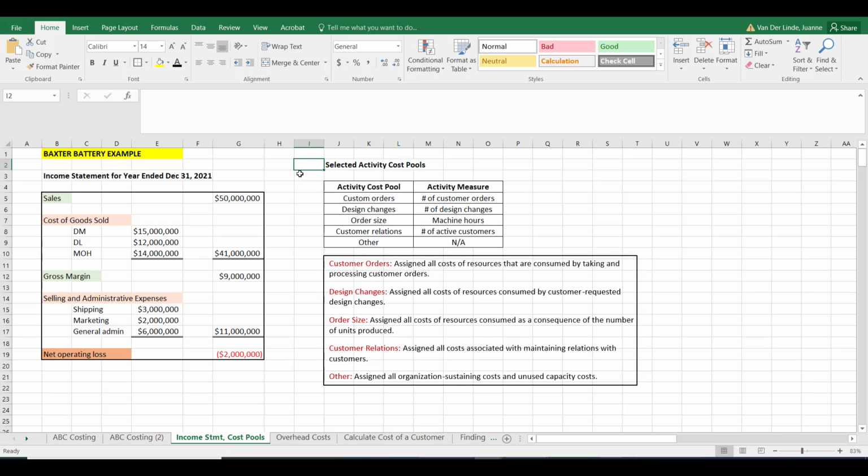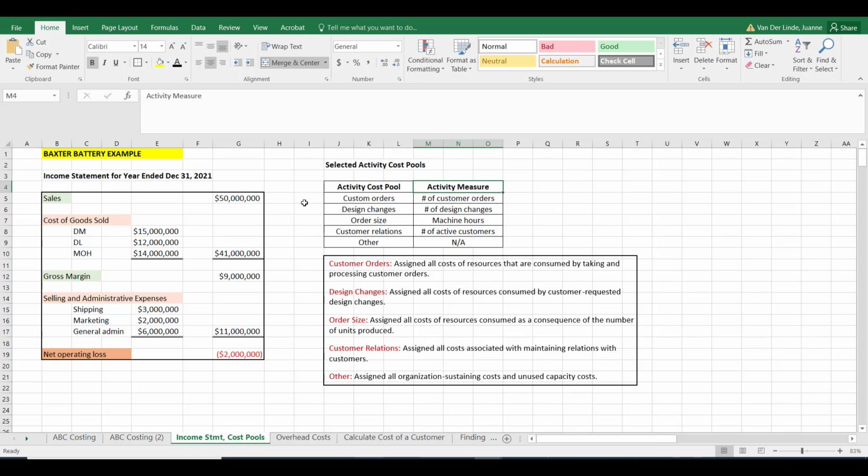So with ABC costing, we take overhead and some non-manufacturing costs as well, and we dump them into these different cost pools. So these activity cost pools, each of them you can think of as a cost bucket. And each of these cost pools has their own activity measure or cost driver, so to speak. So the cost driver is that thing which is driving the cost or causing the consumption of a resource to happen.